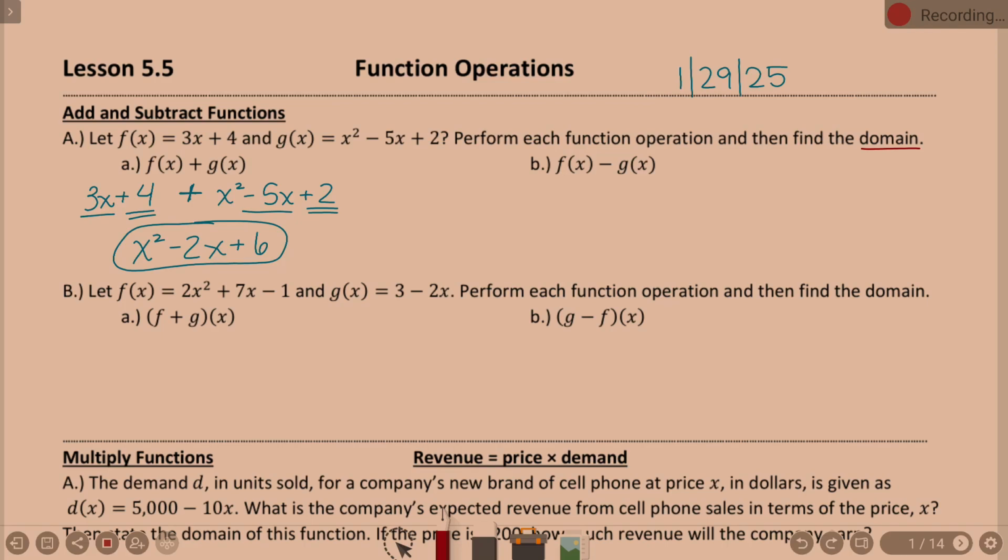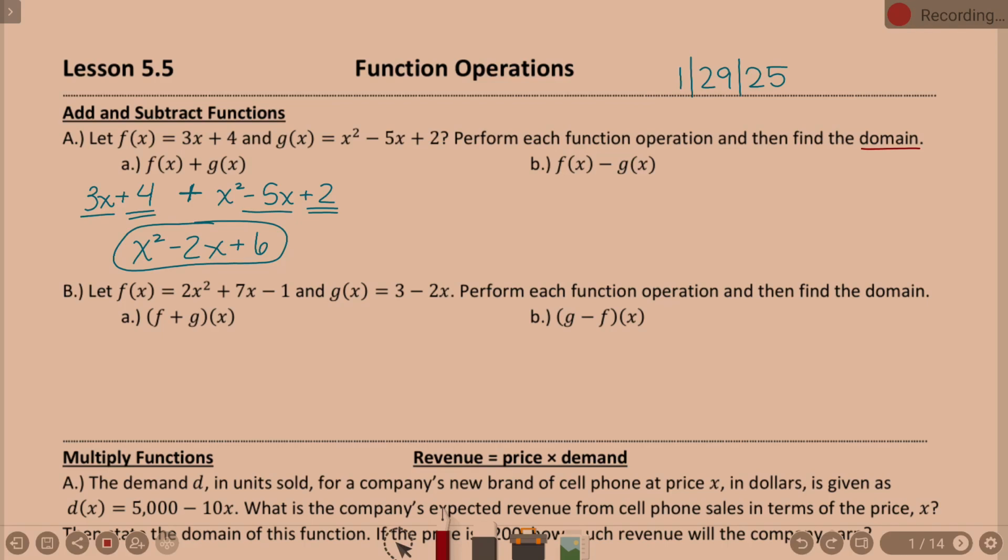Are there any numbers that I can't put in place of x right here? When I ask that, it's kind of a tough question right now because you're not really sure what I'm referring to, but basically, if this was a fraction, we would say we can't put 0 in the denominator. Or if this was a square root, we'd say we can't put a negative under the square root.